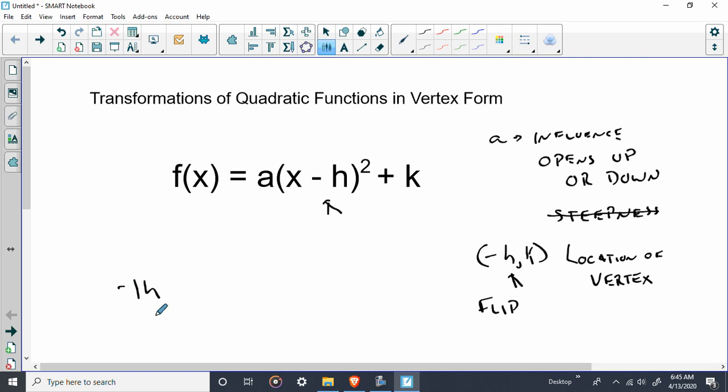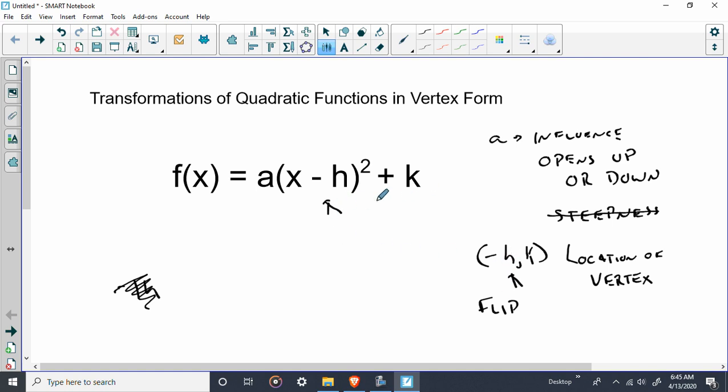So negative 1 times any number gives us the opposite, the additive inverse. It flips the sign of the number. So if H was positive times negative 1, it's the same number but negative. If H is negative times negative 1, same number but positive, okay? For all intents and purposes, all we have to do is remember that it is going to flip the sign, okay? So that's going to be the location of your vertex.